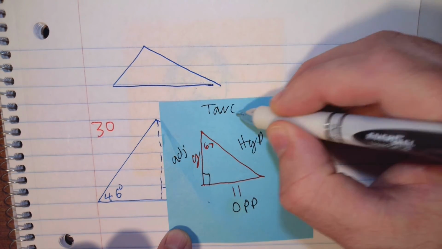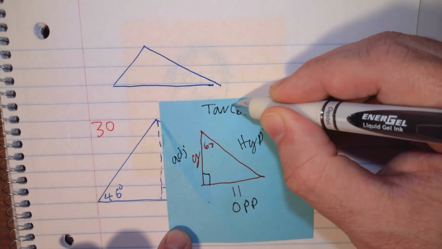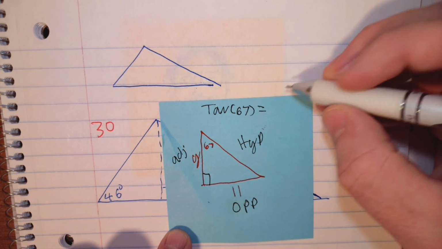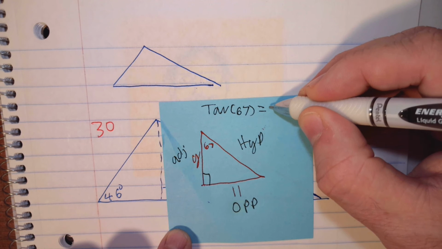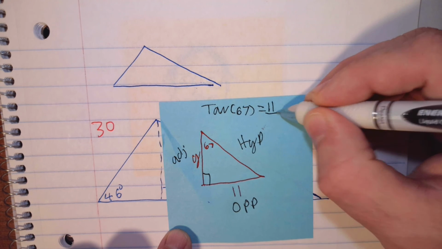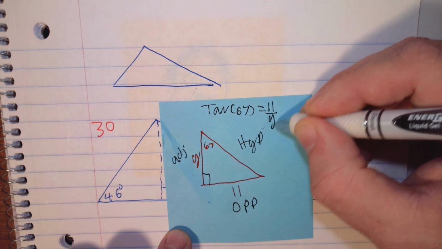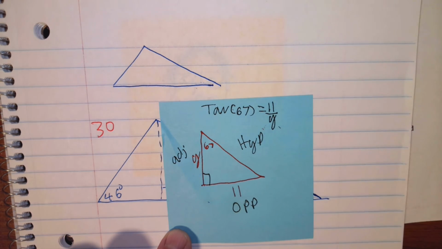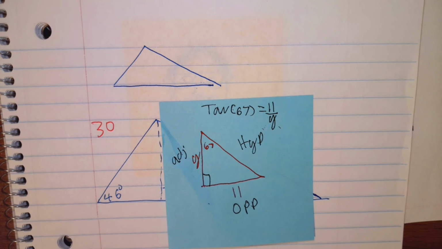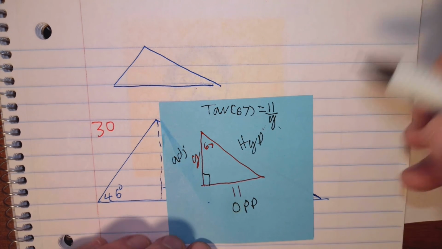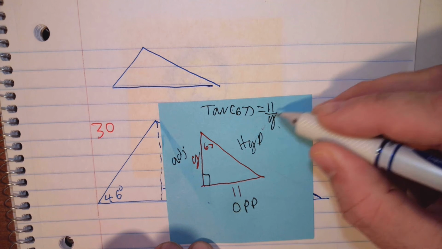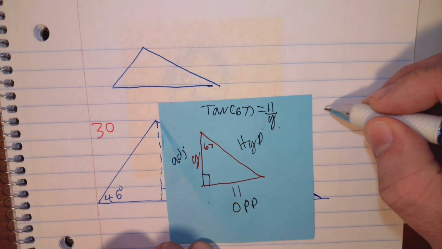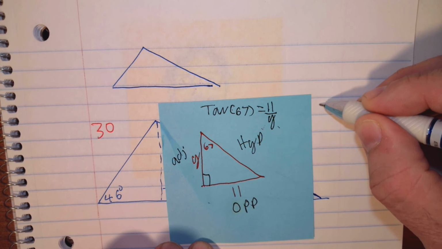So I'm going to do tangent of 67 equals 11 over my variable. Okay, these are going to switch places. These guys are going to switch places, and so I'm going to write out what you're going to put in the calculator, and hopefully you can see this.